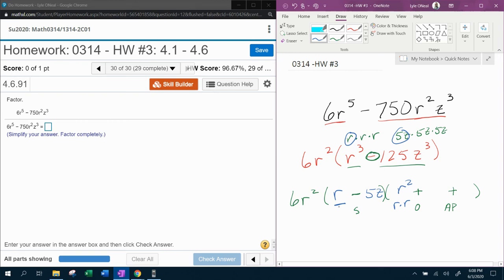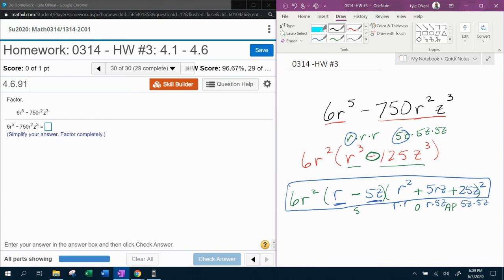For the middle blank, it's going to be r times 5z, which is 5rz. And then the last blank is going to be 5z squared, 5z times 5z, that's going to be 25z squared. And so now that should be factored completely.